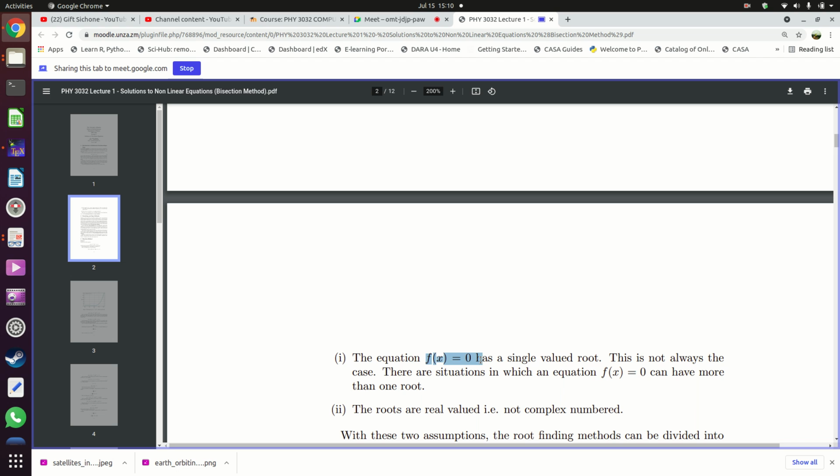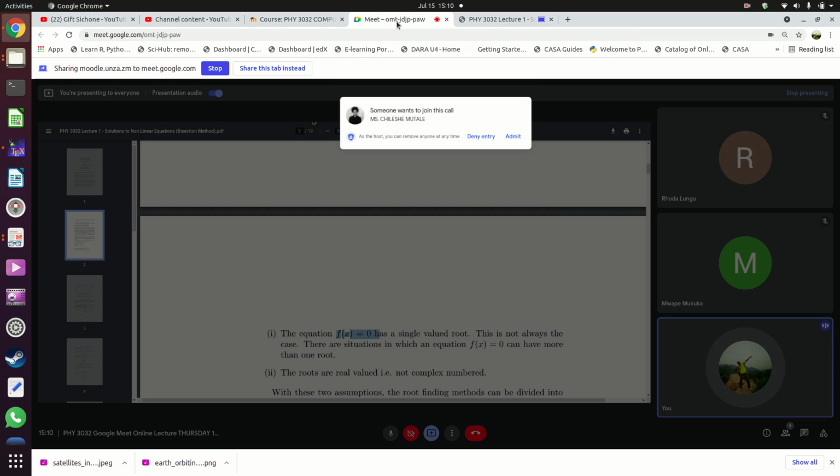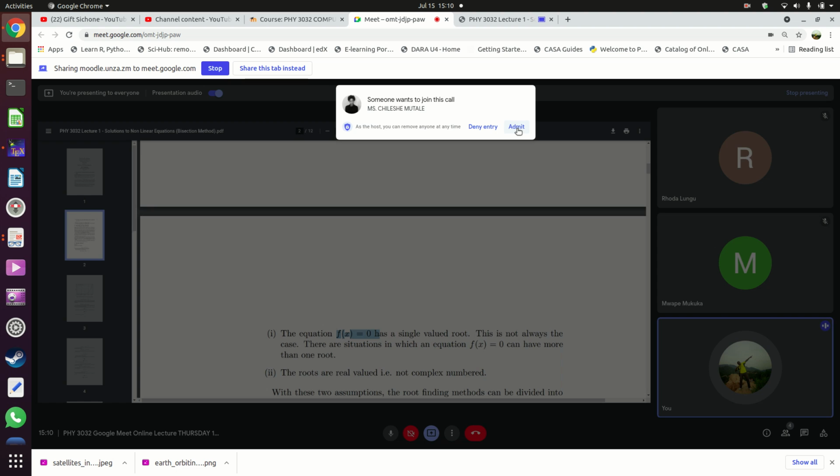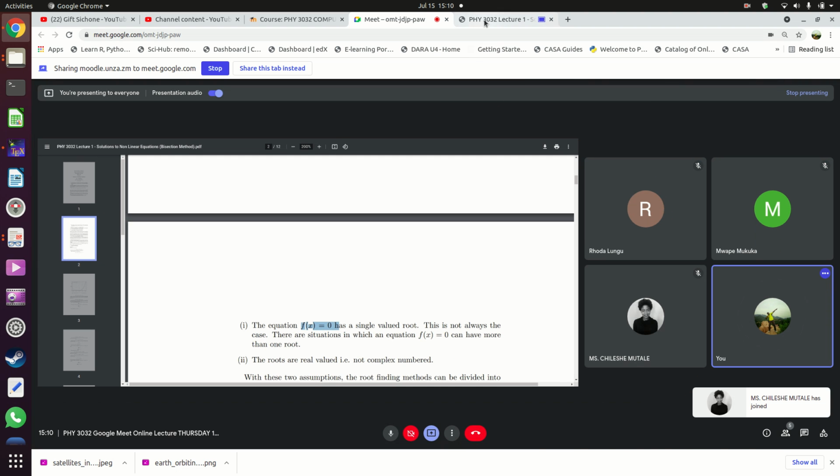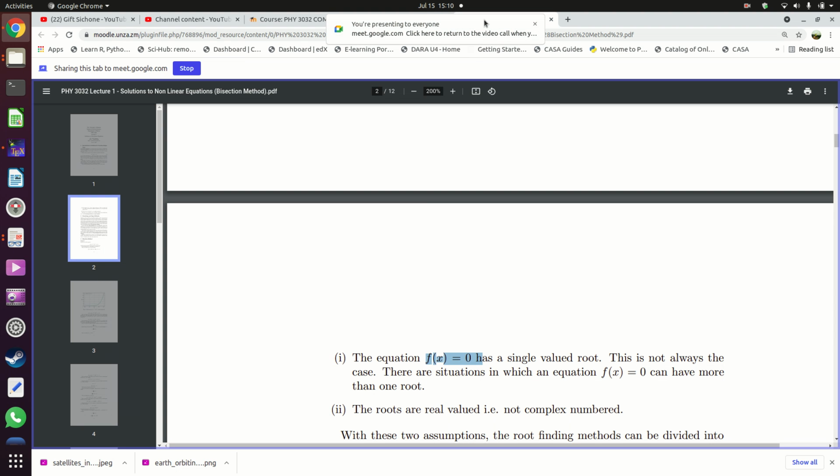There are certain functions which only have one root. There are others which might have multiple roots, but in that case we are going to restrict ourselves to a small area, so that we can make sure our function has one root. The other thing we want to assume is that the roots we are interested in are real. So these are real valued numbers. We are not talking about complex roots.